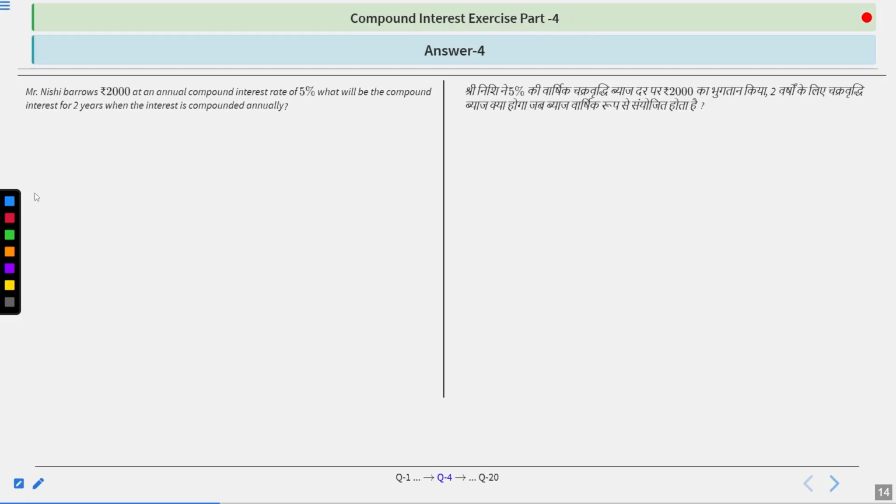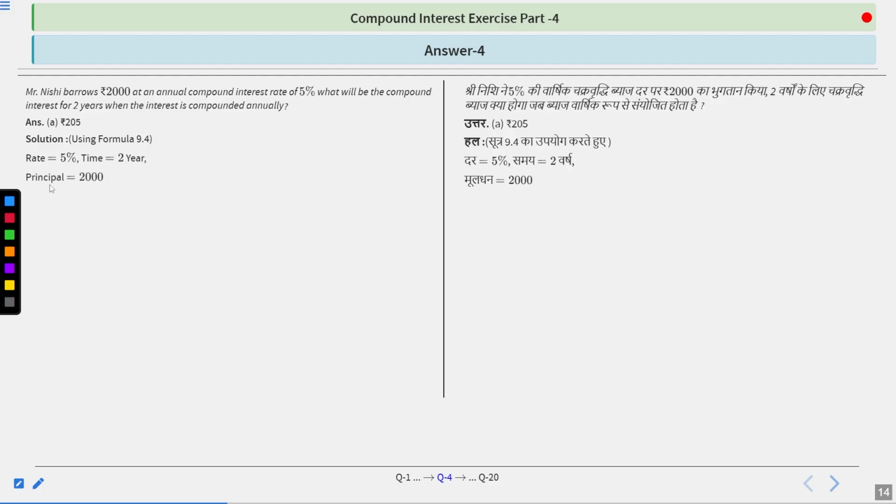So Mr. Nissi has borrowed rupees 2000, the rate of interest is 5%, and the time period is 2 years. Now the answer to this question is rupees 205 and we are using formula 9.4 to solve this question. Rate was 5% given in the question, time period was 2 years and principal was rupees 2000.